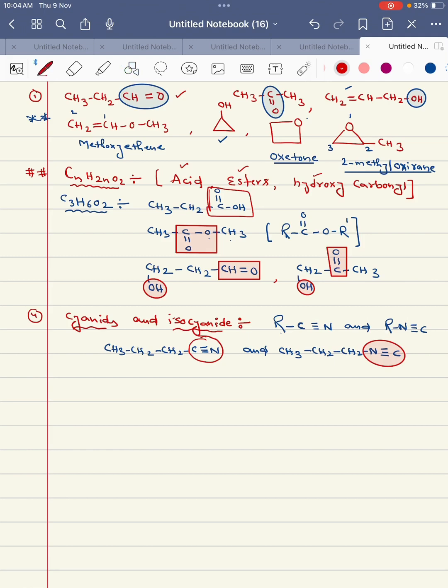Now what is the name of this compound? The IUPAC name is asked. It is 1, 2, 3, 4. Now tell me what is the answer. It is called butane nitrile. Now this is 1, 2, 3, so it is called propyl.